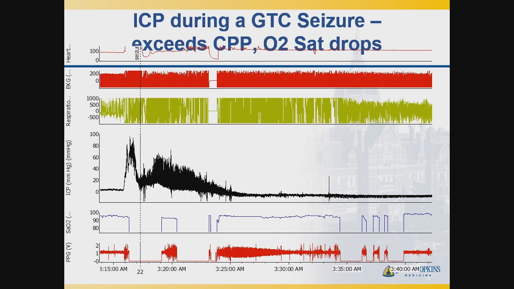And once the tonic phase goes away, it comes down, but it's immediately followed by this clonic phase. And that lasts quite a bit of time, from 3:15 to around 3:25, 10 minutes. And you can clearly see the oxygen saturation signal goes away during this tonic phase because likely of hypotension, blood flow. So, seizures are bad for your brain.